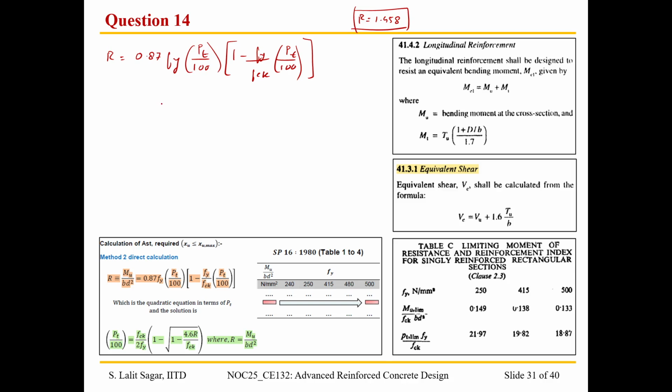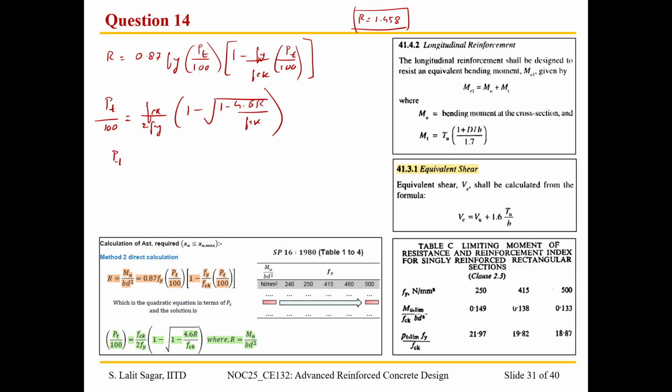Or we have Pt by 100 is equal to Fck by 2Fy into 1 minus square root of 1 minus 4.6 R by Fck. Right. So we'll try to solve the problem over here.